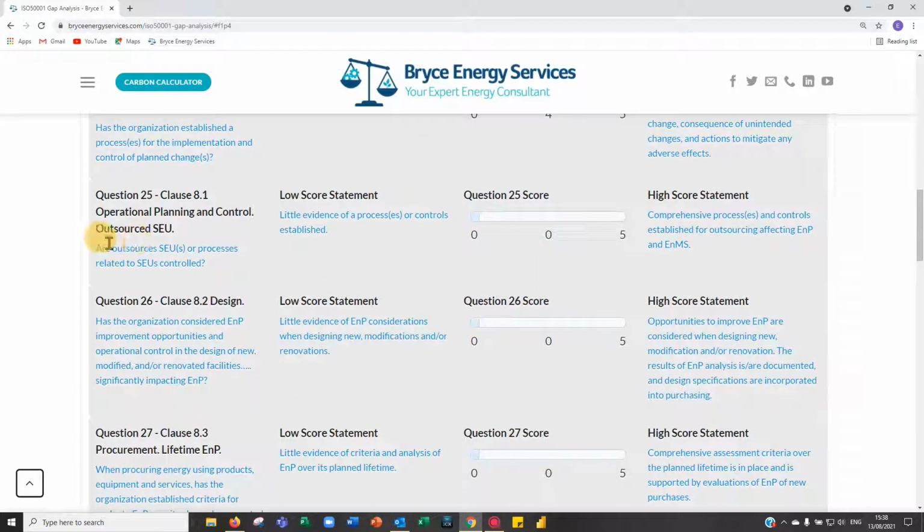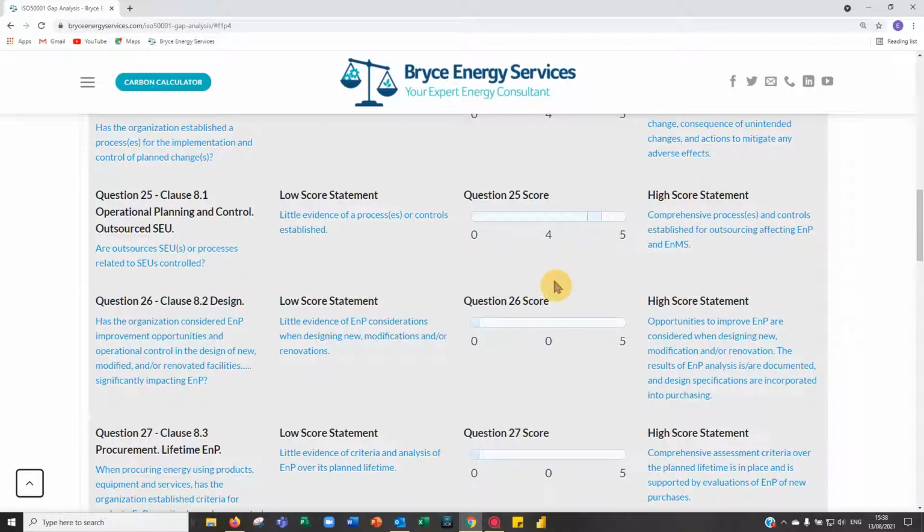Planning and control, outsourced significant energy use. Are outsourced processes related to controlled? Little evidence, comprehensive. So if there is something that you have a subcontractor or supplier doing for your business that requires significant energy use, what are you doing with that supplier in order to mitigate or control or reduce?